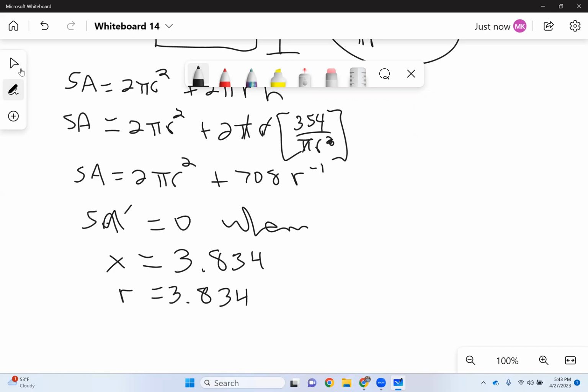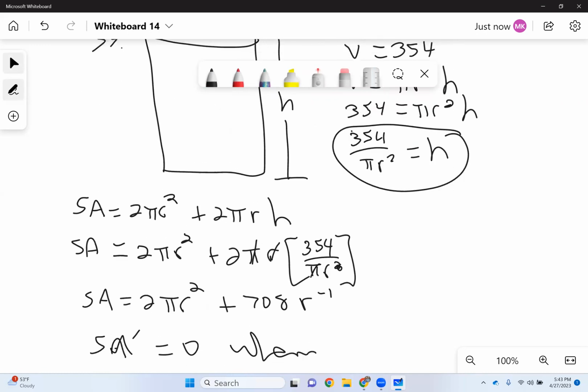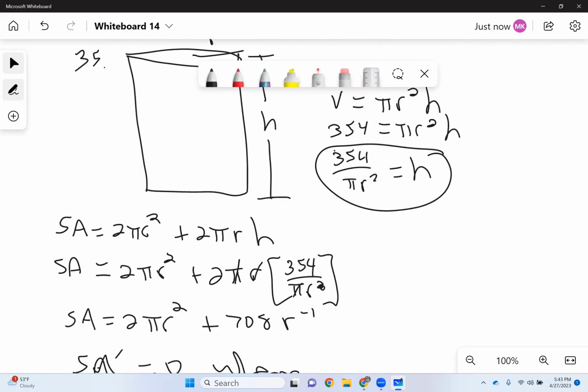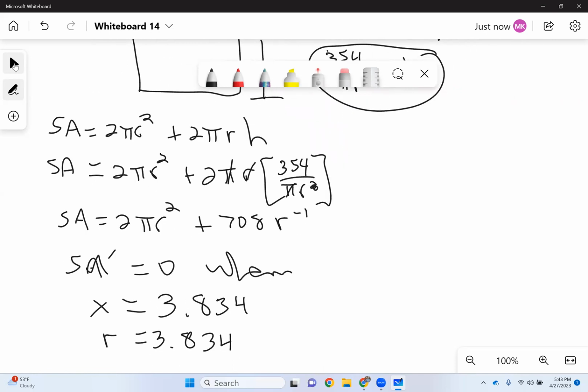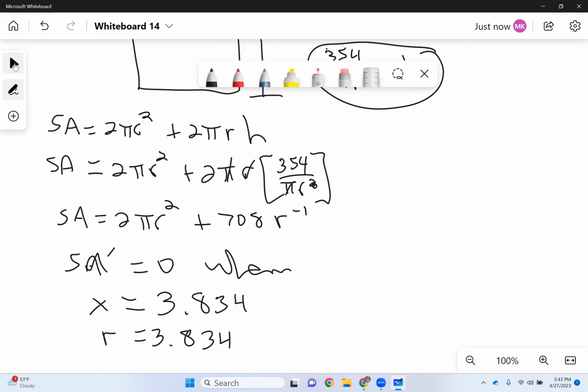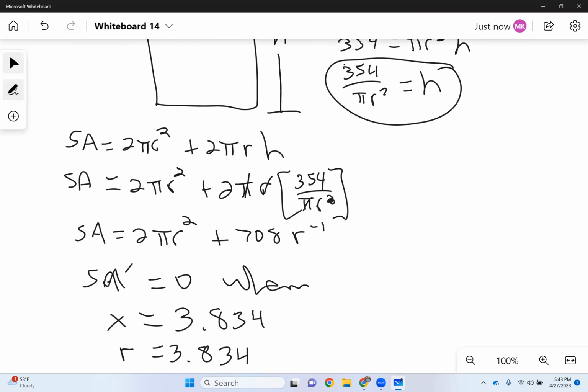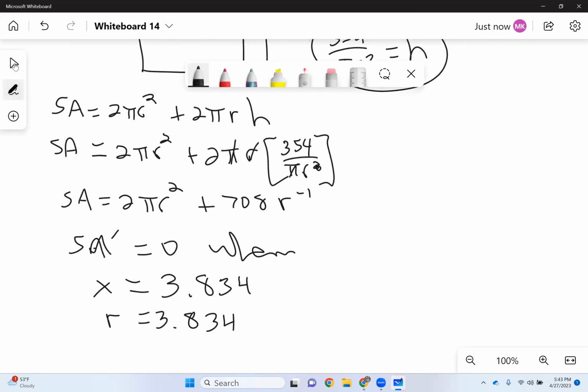And what is going to be the value of H? Look over here, 354 over pi r squared. So H will equal 354 over pi times 3.834 squared.